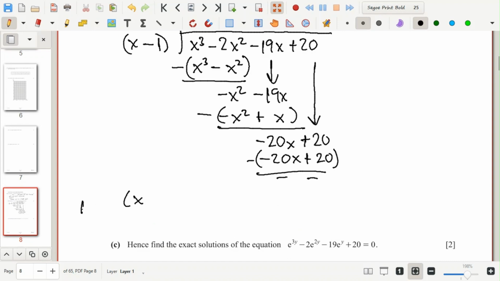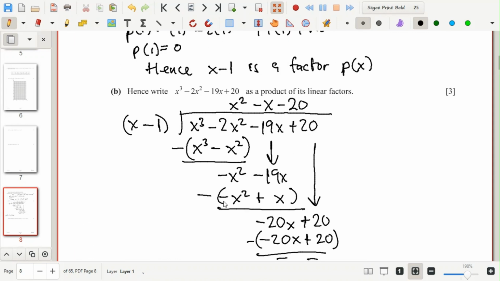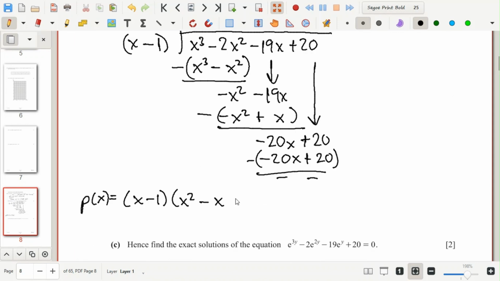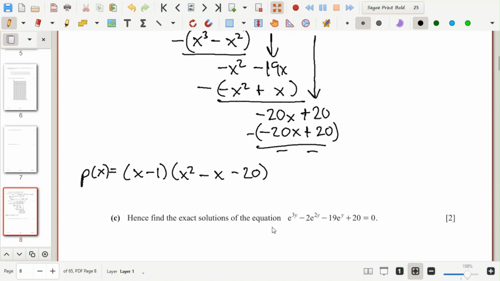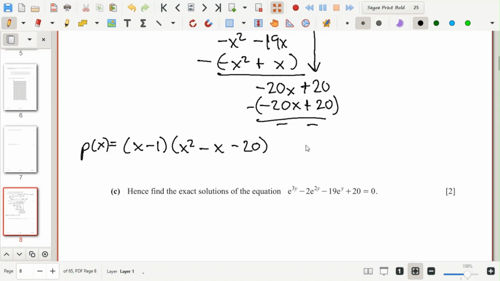So having gotten this, you can say p of x is equal to x squared minus x minus 20. And if you solve this quadratic, you're going to get x plus 4, x minus 5.